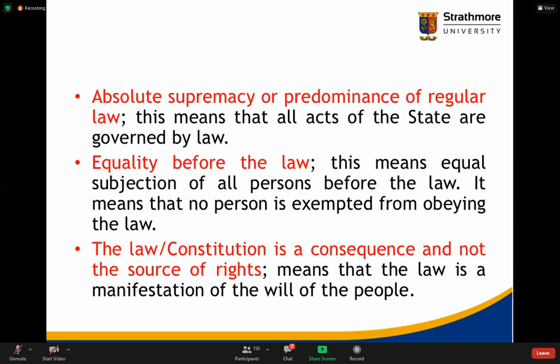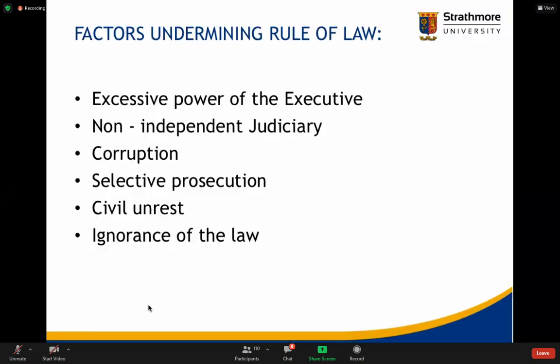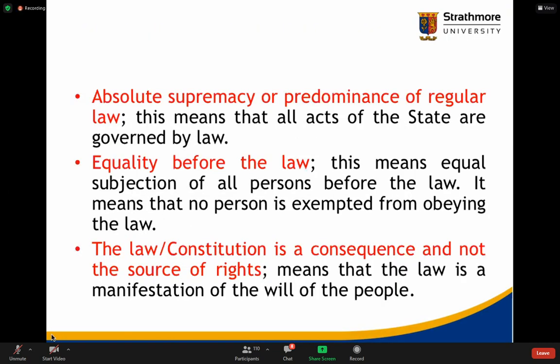So many things, court orders not being obeyed, the president refusing to swear in judges, cabinet secretaries not obeying the law, parliamentarians not obeying the law, governors breaking the law.